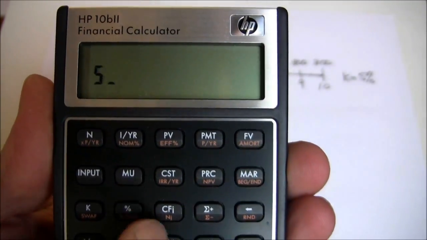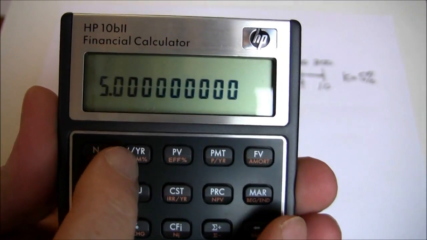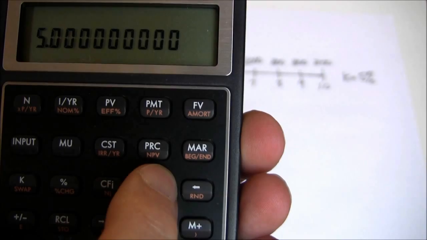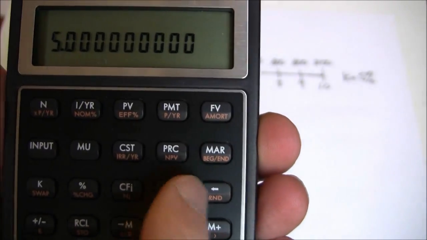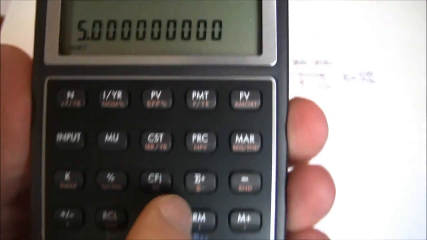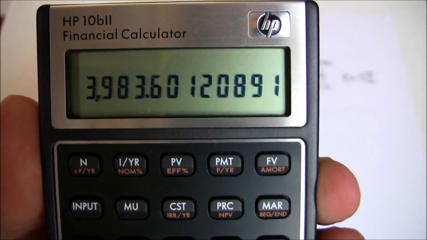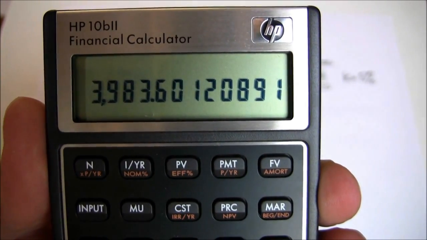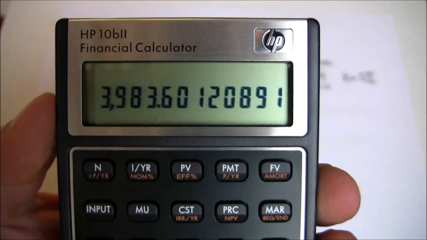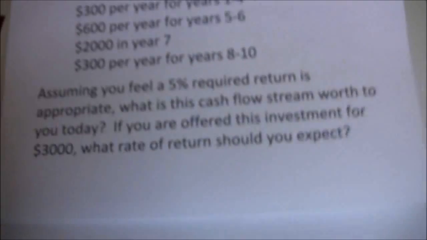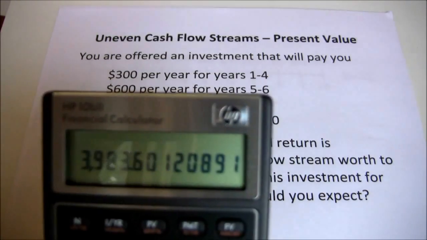That was 5%, so 5 interest per year. Now we want to solve for the NPV. You can see that here in your calculator. It's a shift function. So shift NPV. And there's our answer, $3,983.60.